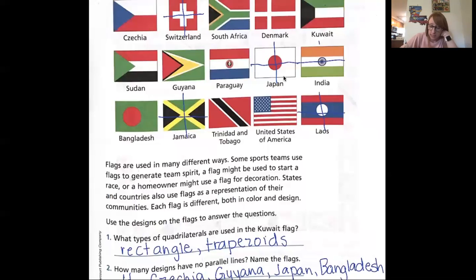And then my book, and we talked about this a little bit on Zoom, my book says India, which we talked about. It does, the design matches, right? Not the colors, but the design. And Paraguay.